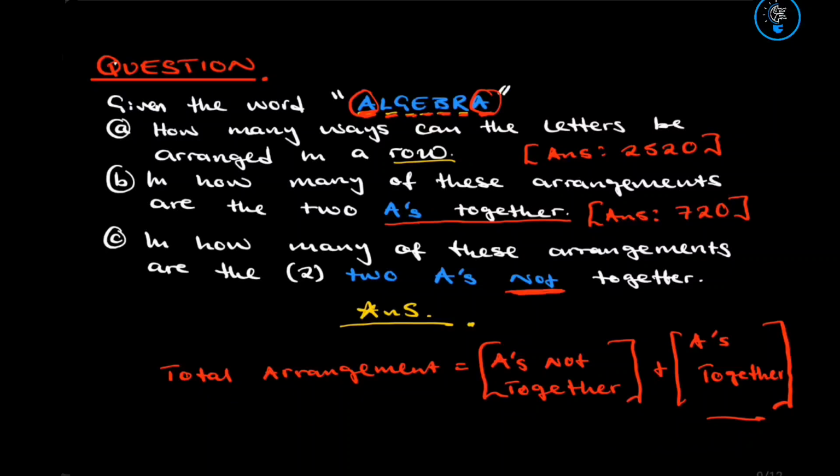Total number of arrangements, it's what we got in A, which is 2520, is equal to not together, which is what we want, plus A's together, which is 720.